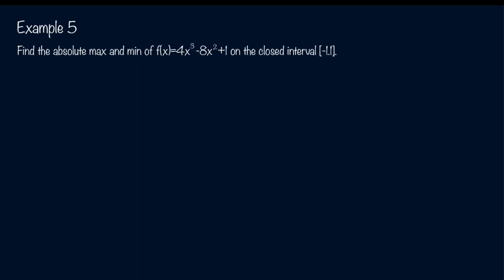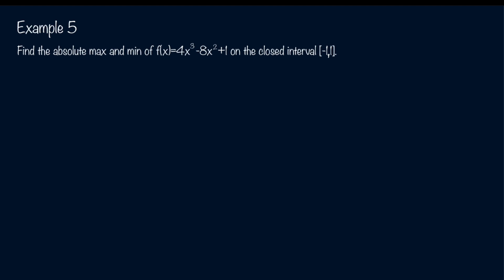Example 5. Find the absolute max and min of f of x equals 4 times x to the third minus 8 times x to the second plus 1, on the closed interval, negative 1 to 1. I think we're missing a comma there. There we go. All right.